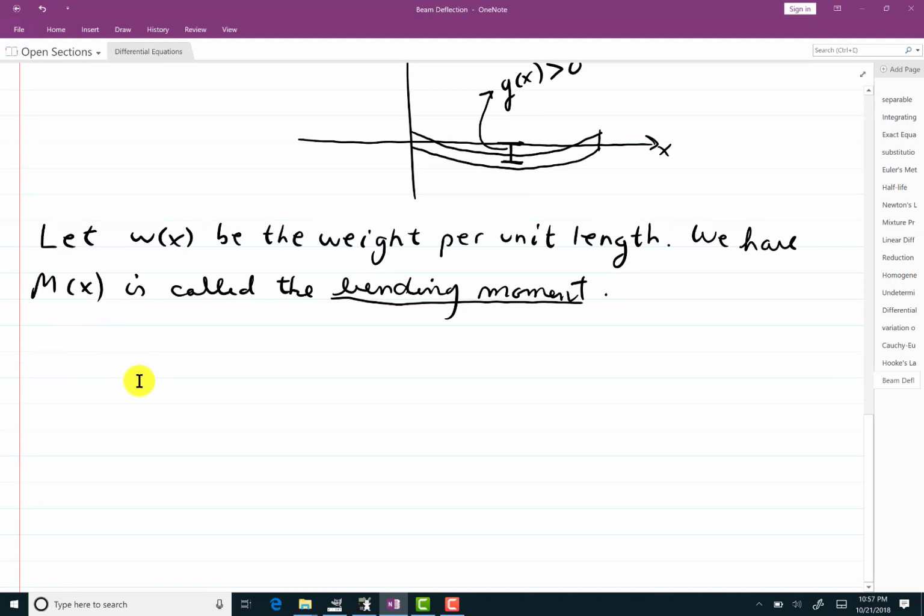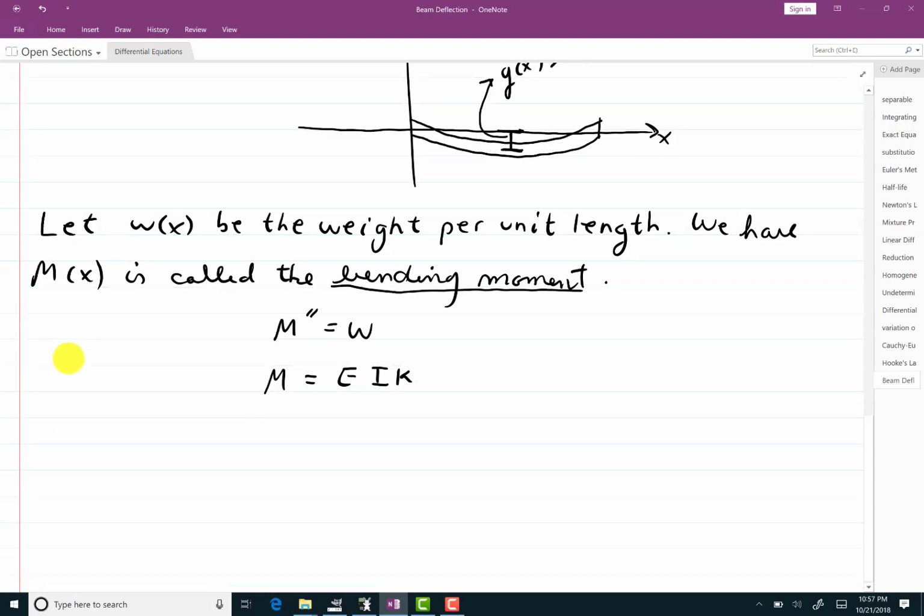One of them is that m double prime equals w, so w is related to the acceleration of m, and we also have that m equals EIk.